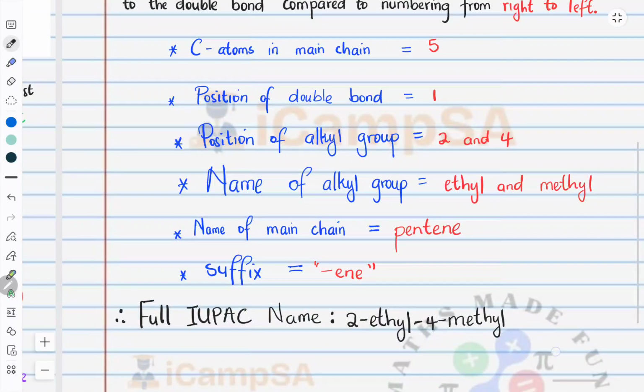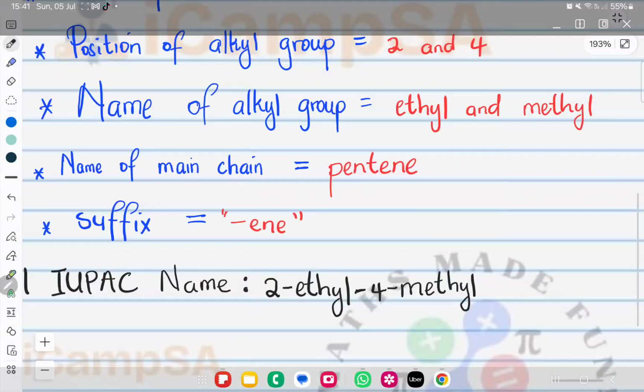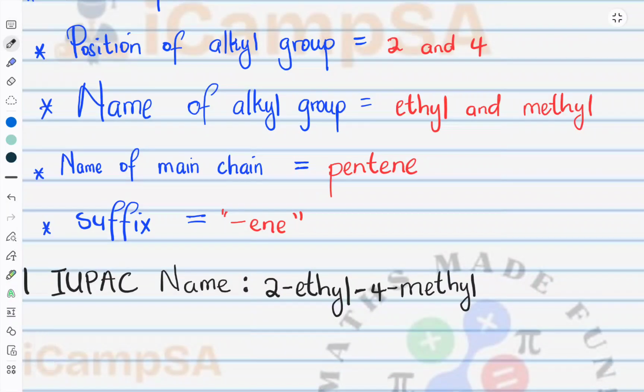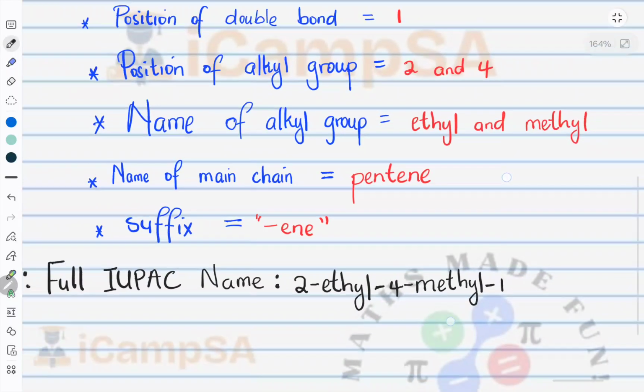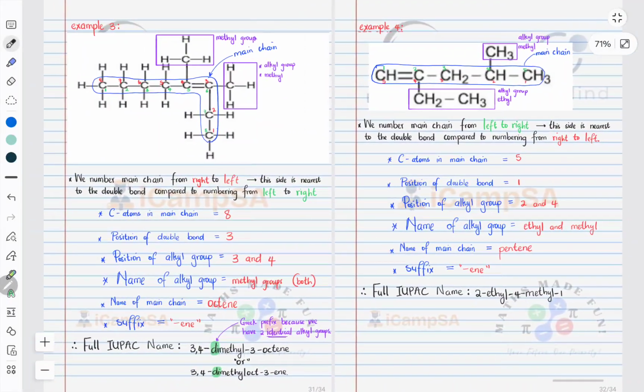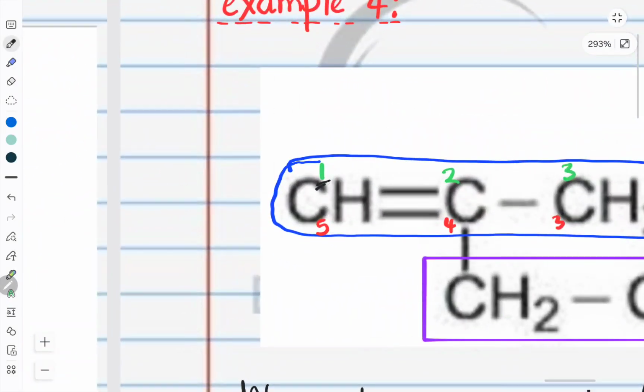So now we must specify the position of the double bond and then write the name of the main chain once. Right, so we found that it's on number 1, the carbon atom number 1. If you can remember here, that's where it is. If you were to draw this, you would find that H is like this, and then there's that, and so on and so forth.